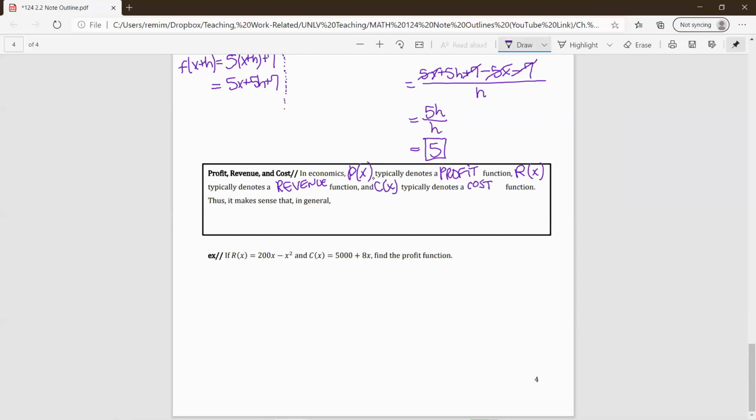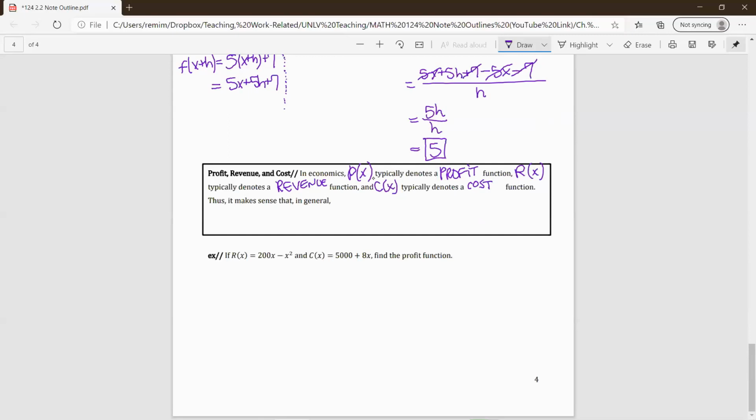All right, so far we're talking about profit in a business, or revenue in a business, or cost in a business. Let's think about that. We could think about all of these things in context of any type of business, but let's think about it in terms of running a movie theater.